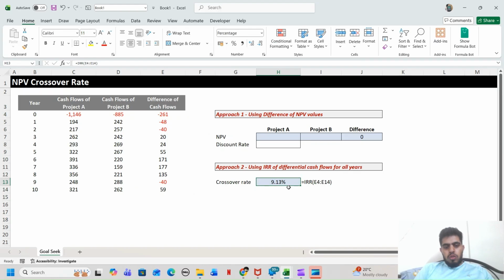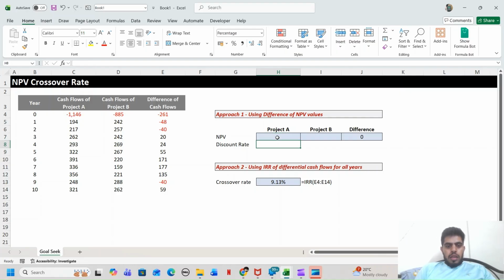And the crossover rate, that is the IRR rate where both projects are having NPV as zero, we can consider, or at this discount rate, we can select anyone, like we can select project A or project B. Now let's jump to the goal seek functionality, how we can get this result.